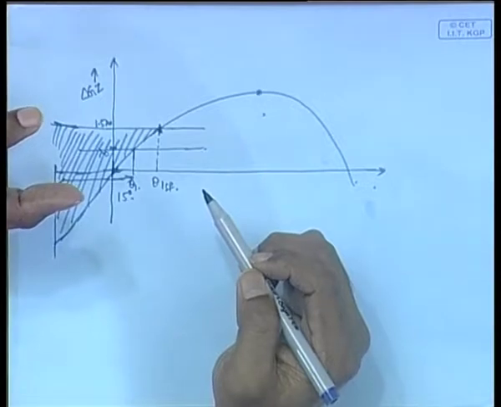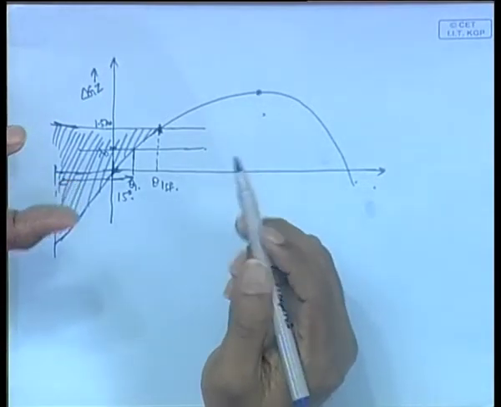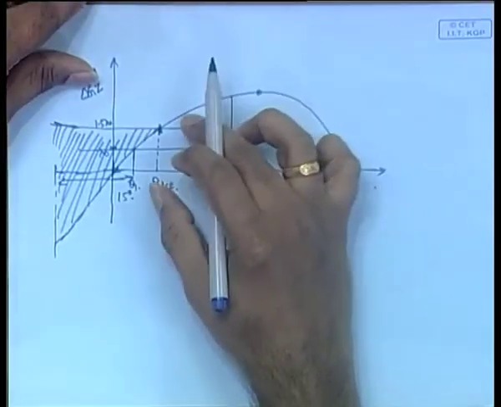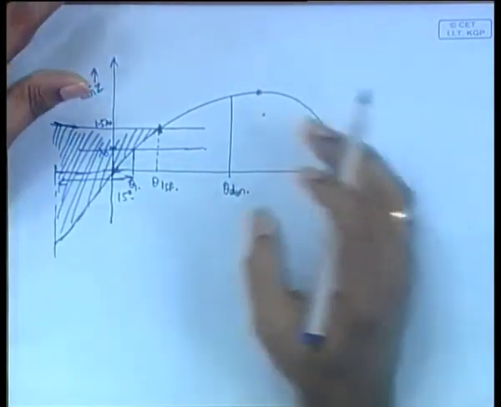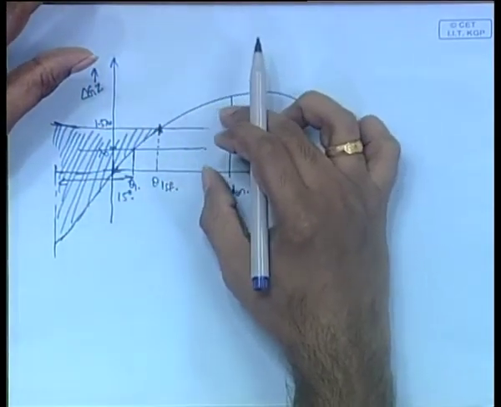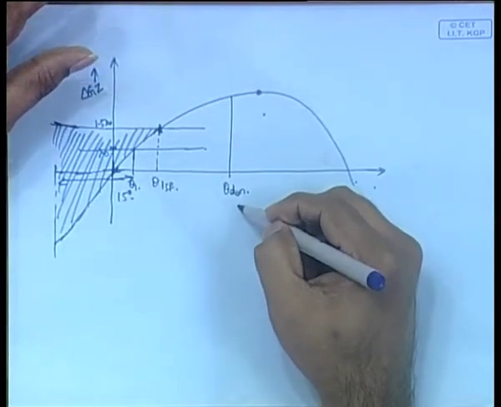Now, if the wind, if this ship keeps heeling with this energy, it will heel up to an angle of, let us say, theta dynamic, which means that this area is put here. This same area should be extended here, and therefore we find the theta dynamic.